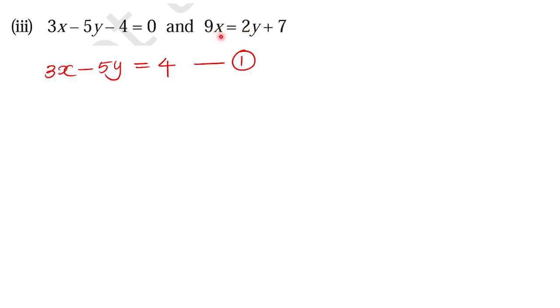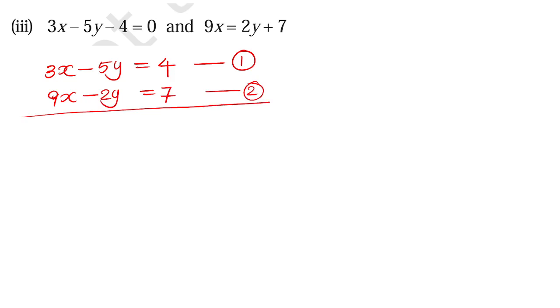We prefer both x and y in the left hand side. Let me take this 2y to the left hand side. If I take 2y to the left hand side, we get 9x minus 2y equal to 7. Equation number 2. Now x and y are in the left side, the number alone in the right side. Clear?